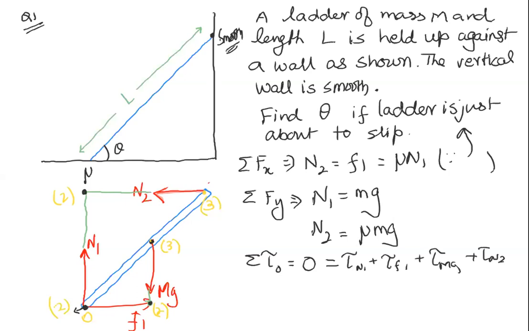Right? Our choice is such that torque due to N1 is 0, torque due to F1 is 0, torque due to mg. Right? How do we find torque?